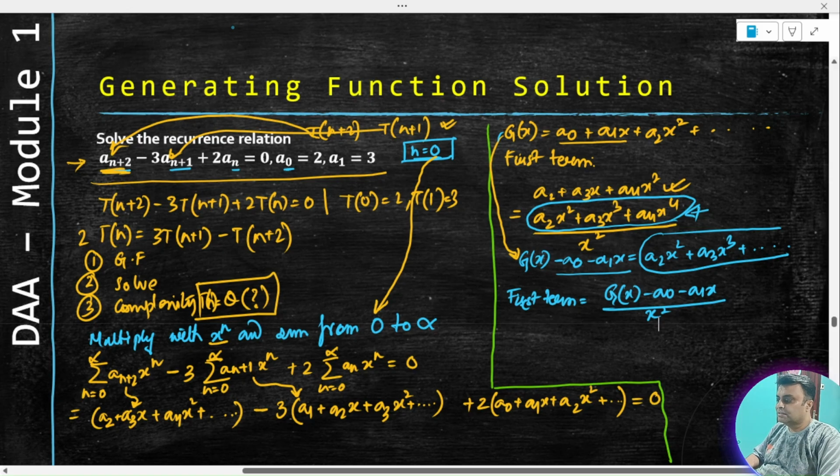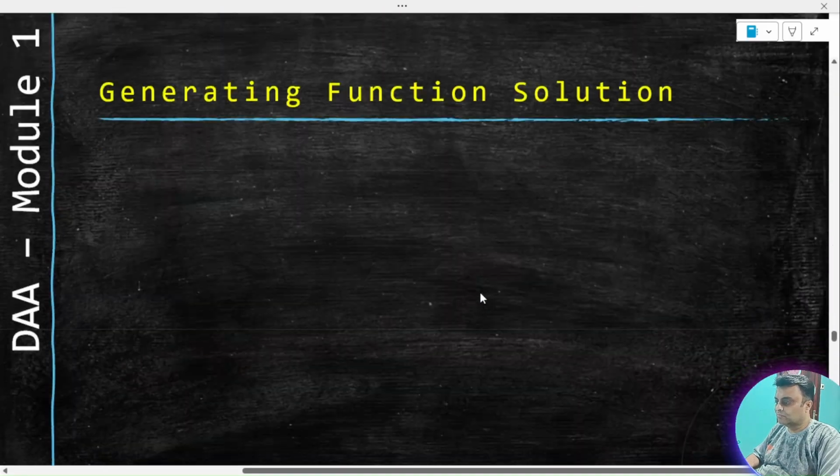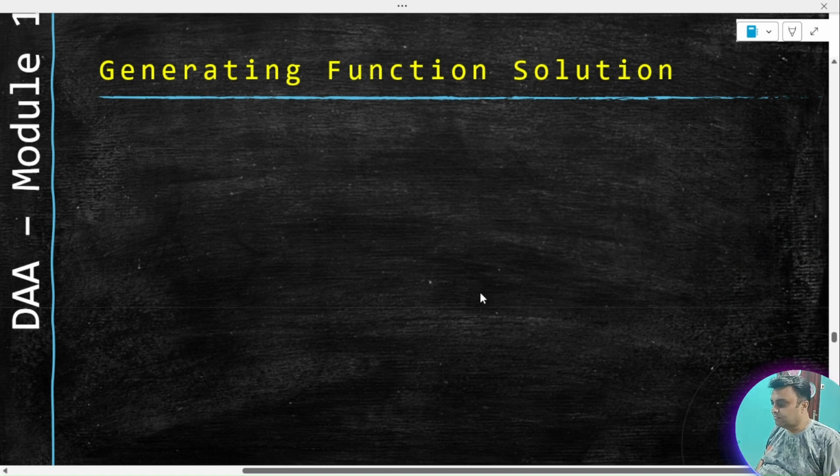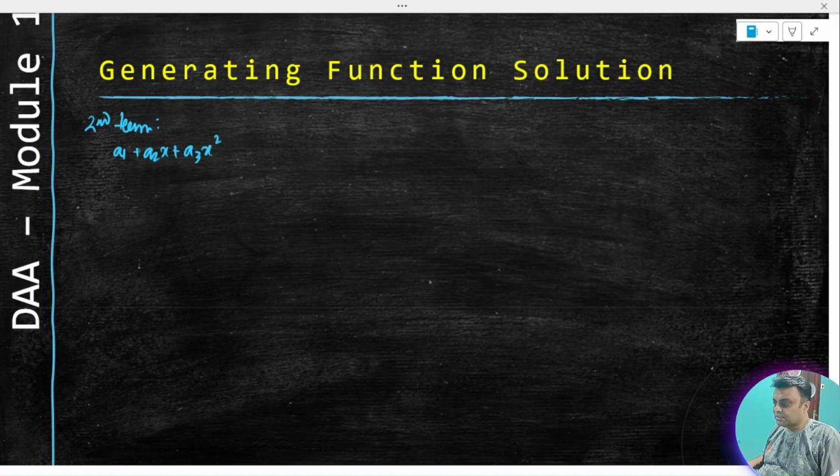So likewise, let us solve for the second term also. Let's write the second term. My second term is a1 plus a2x plus a3x square plus dot dot dot.